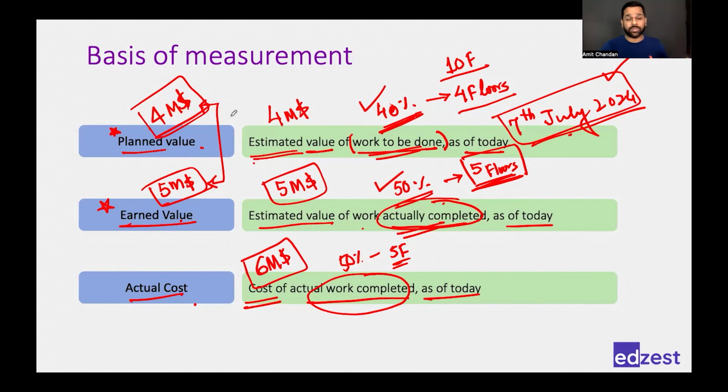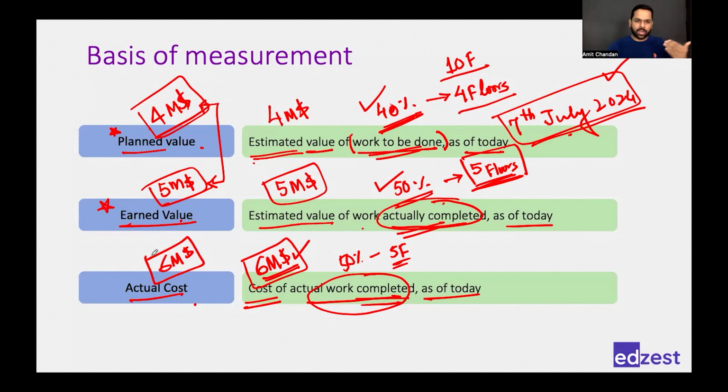Probably you did better in terms of time. You could do one floor extra, but in doing that one floor extra, you spent more money. Maybe you had more resources, and that's why you could finish some work faster, but ultimately it resulted in your budget getting overshot. So what is my actual cost? My actual cost is the money that I have spent in completing my work, which is nothing but $6 million.